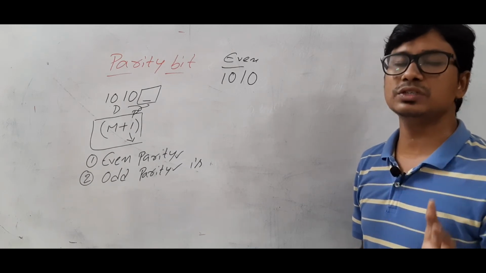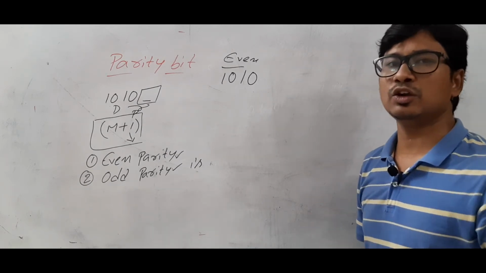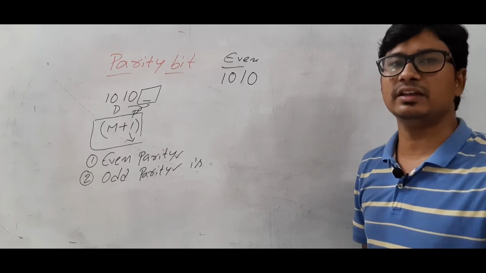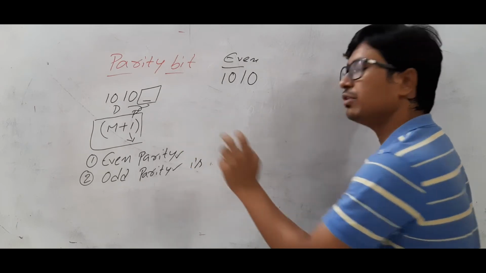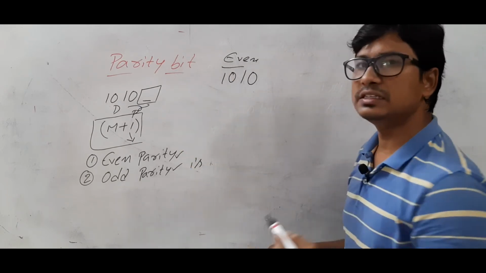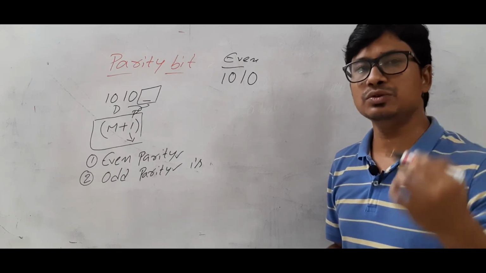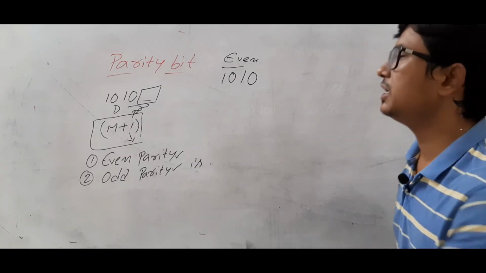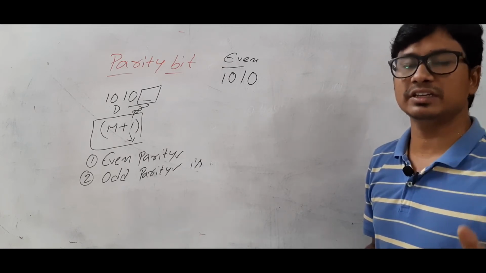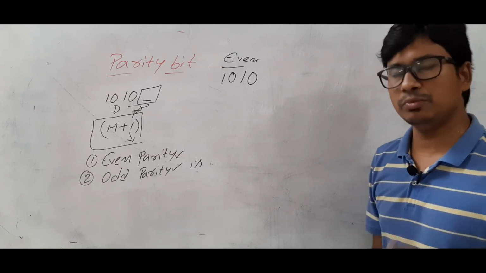If the source is using the even parity, the destination also, when it is receiving, should check whether there is an error or not with the help of even parity only. Are you able to understand? If the source is generating the parity bit using an even parity mechanism, the destination also should use the even parity to check whether there is an error or not. Okay, are you able to understand?